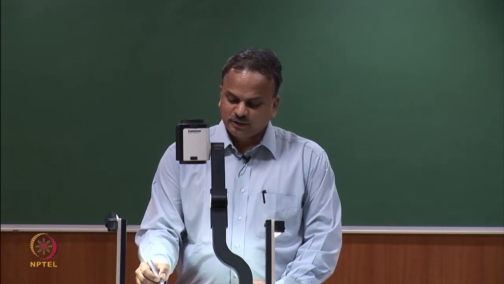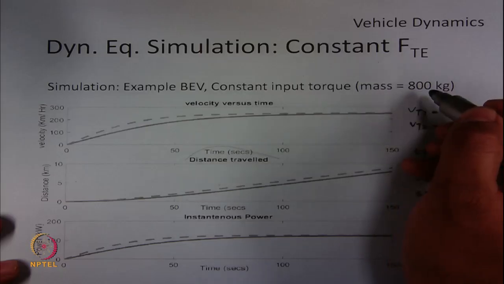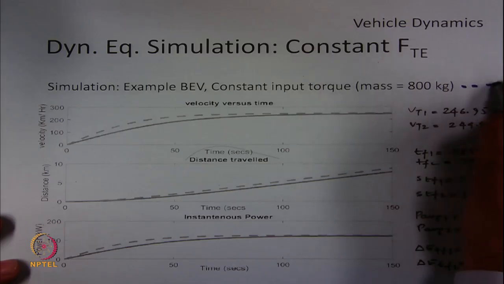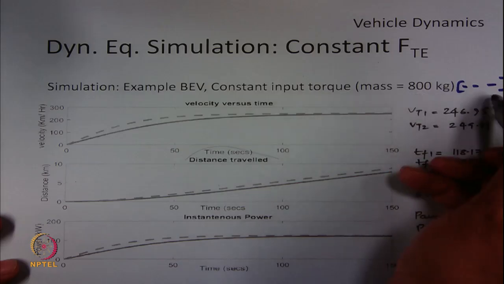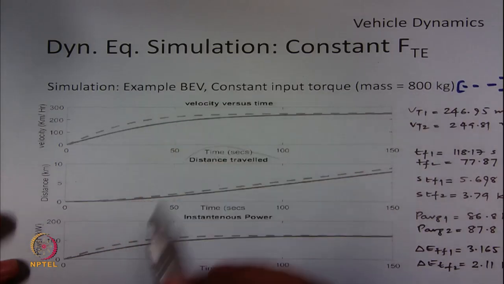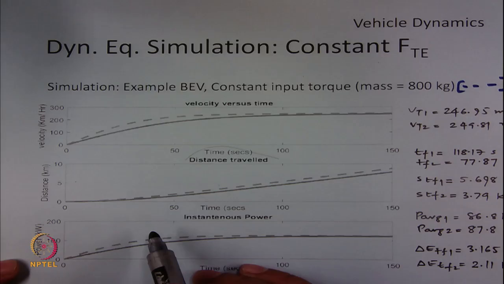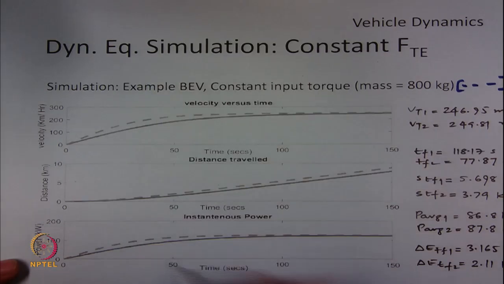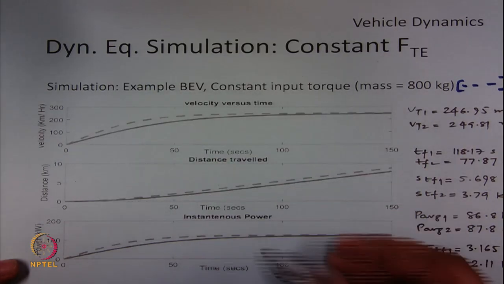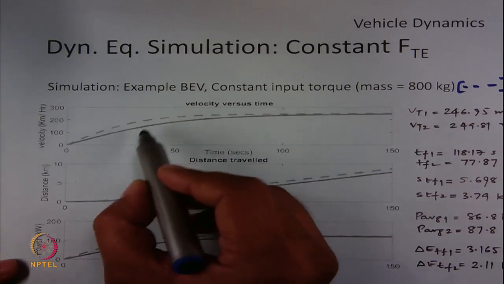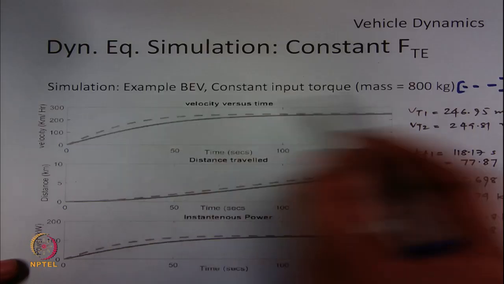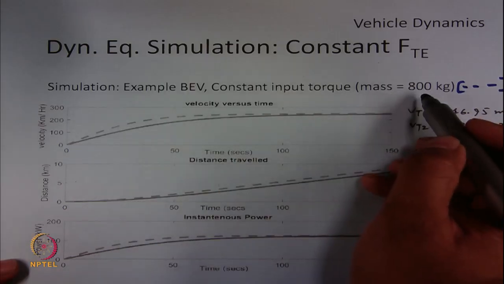where the mass is reduced from 1200 kgs to 800 kgs. The graph pertaining to 800 kgs will be plotted in a dotted curve. There is not much difference between the two graphs. The acceleration is better in the case where the mass is lower.